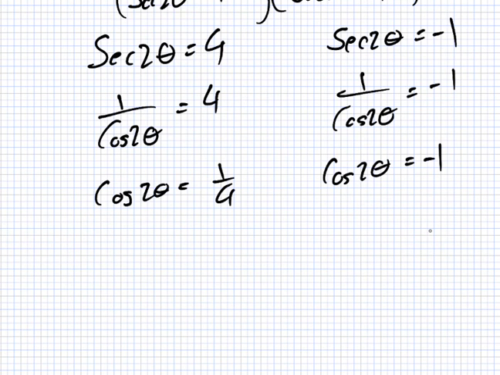So, let's see what the calculator says. Now we probably want radians. No, we actually want degrees. Cos inverse of 1 over 4. So here you get 2 theta equals 75.52, or how do you get the second answer for cos?